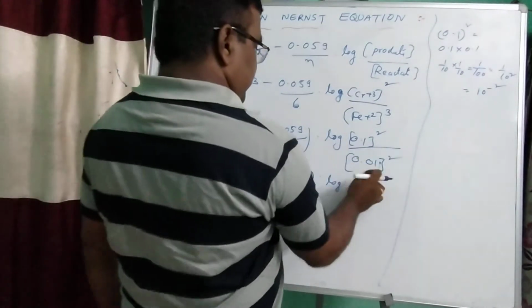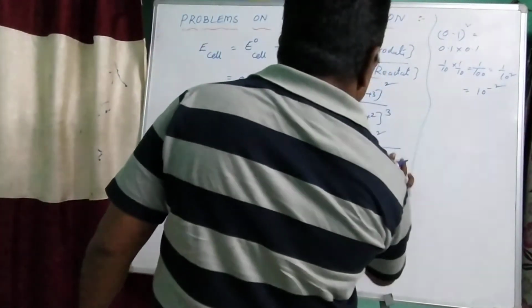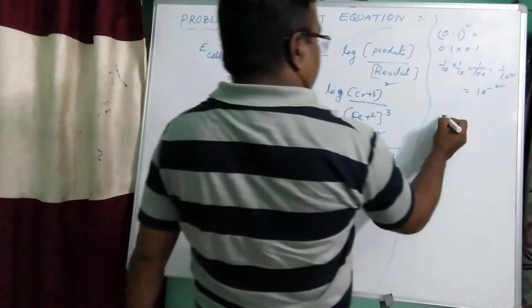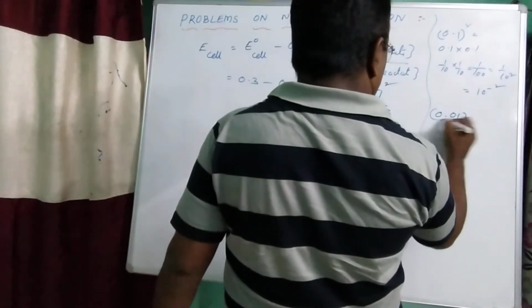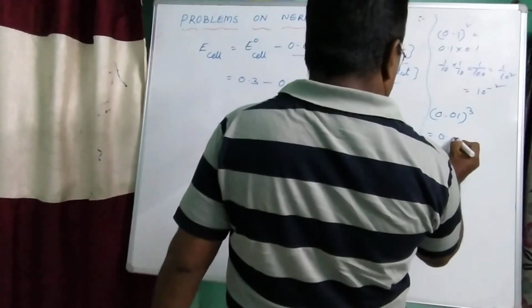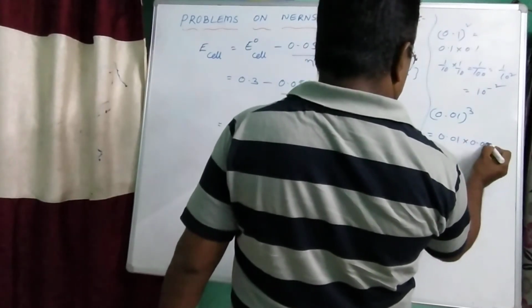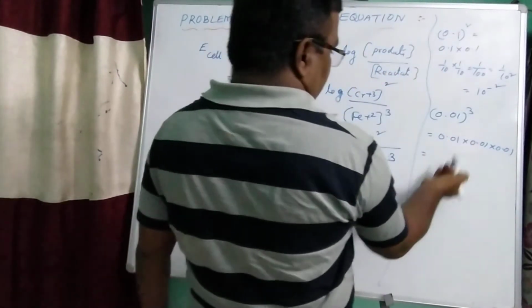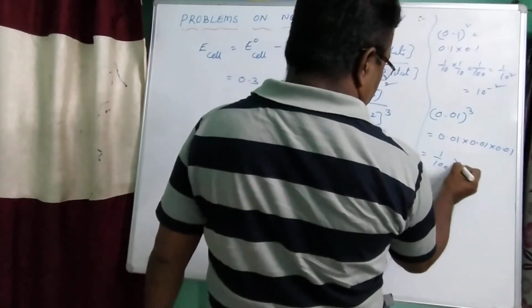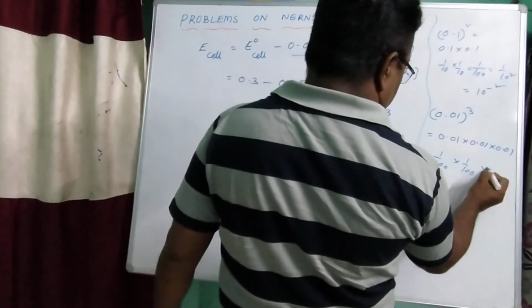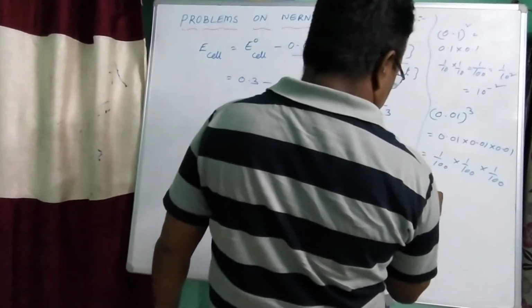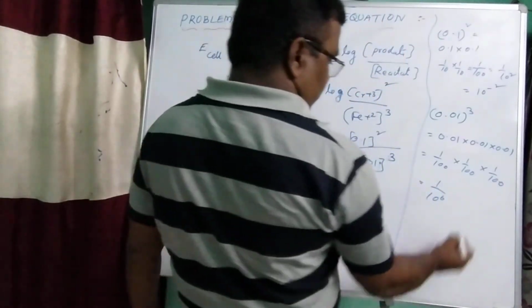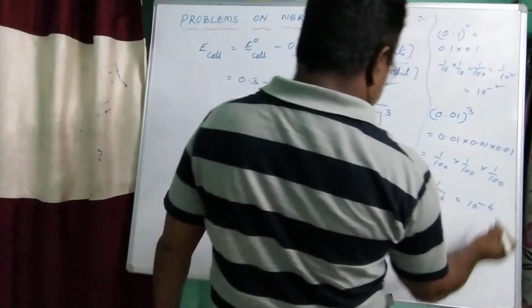Now 0.01 whole cube. We write 0.01 whole cube as 0.01 into 0.01 into 0.01, three times. 0.01 is written as 1 by 100, so it is 1 by 100 three times. That is 1 by 10 power 6, written as 10 power minus 6.